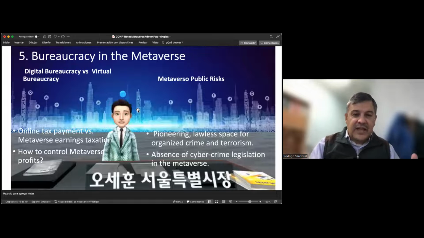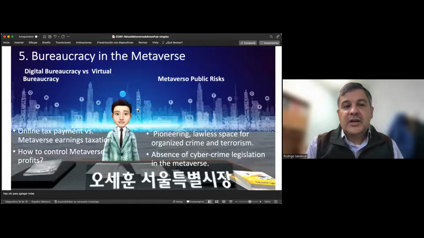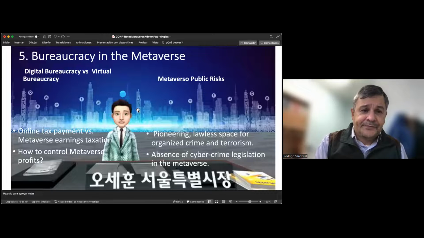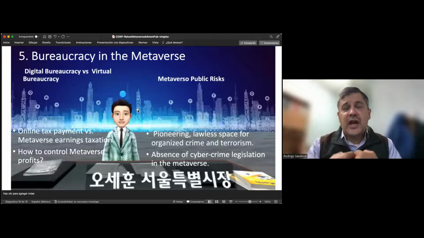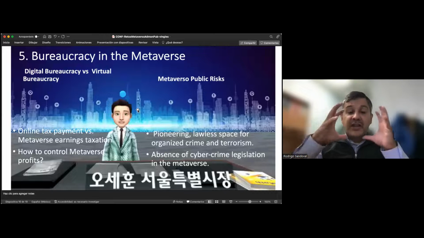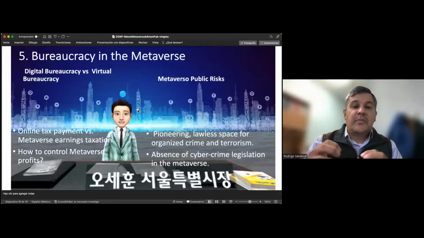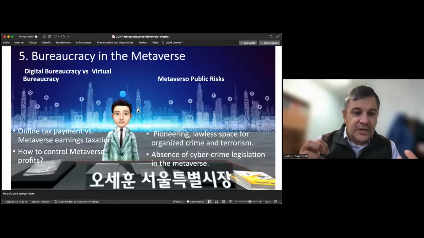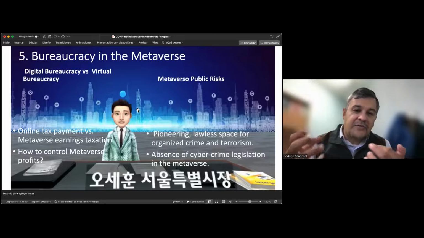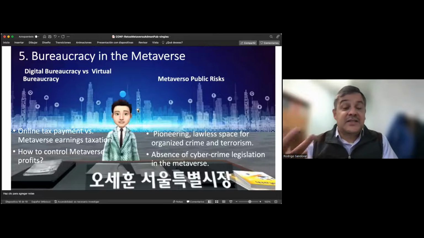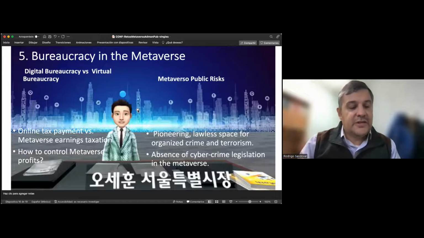And of course, the last but not least challenge is the bureaucracy in the metaverse. It has to be a mind changer, a game changer also about the digital bureaucracy that maybe we can have right now against the virtual bureaucracy.